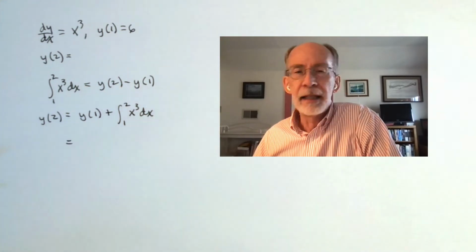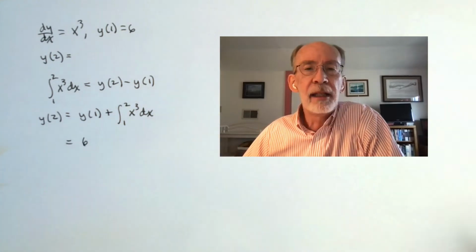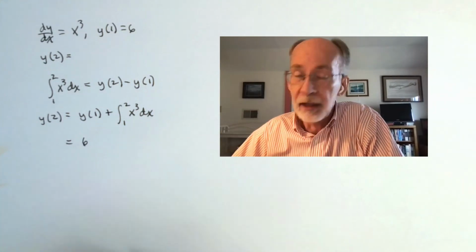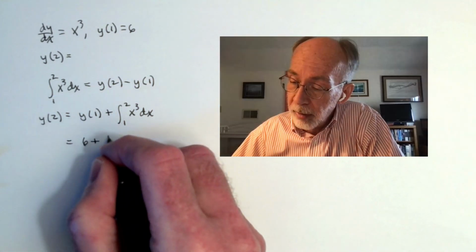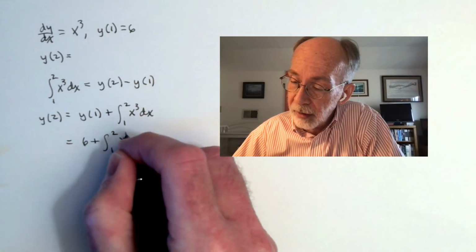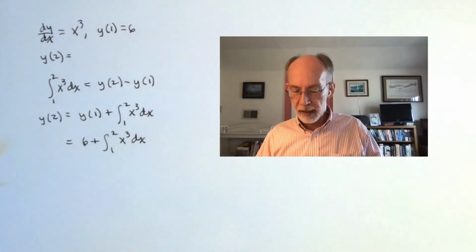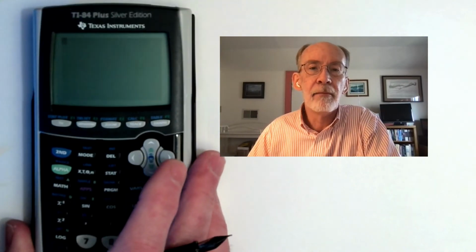An answer to what it really buys us is the ability, if it's available to us, to use a calculator to approximate the definite integral without having to do the antiderivative. So this is 6 plus the integral from 1 to 2 of x cubed dx. I'm just going to grab my calculator and see what that looks like.